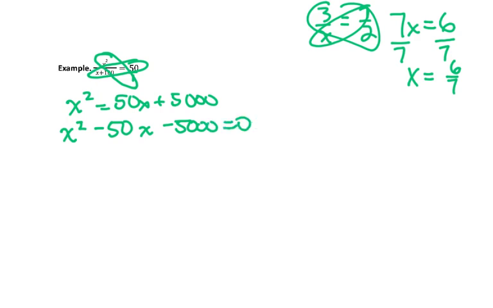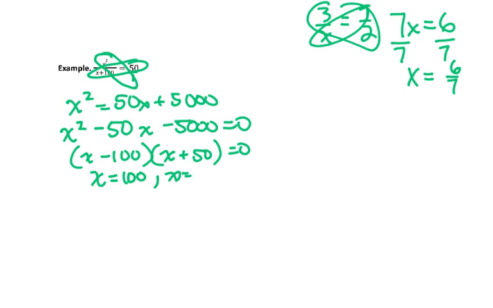Now this you can try to factor, use the quadratic formula, or even completing the square. Any of those will work. So I'm going to go ahead and factor this, and this will factor into x minus 100 and x plus 50 set equal to 0, which will give us solutions of x equals 100 and x equals negative 50.